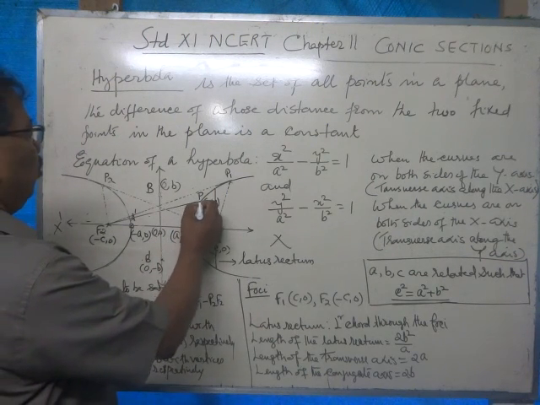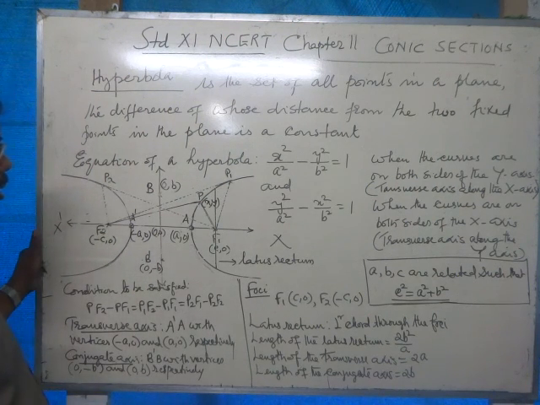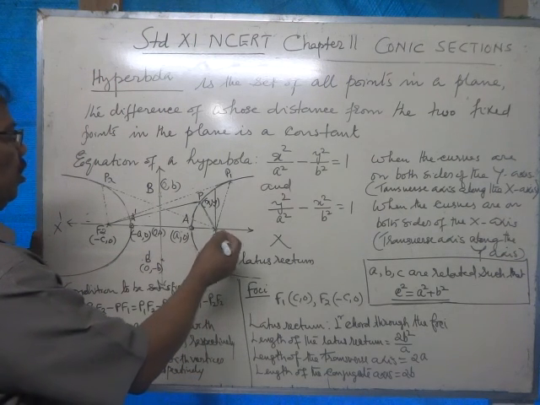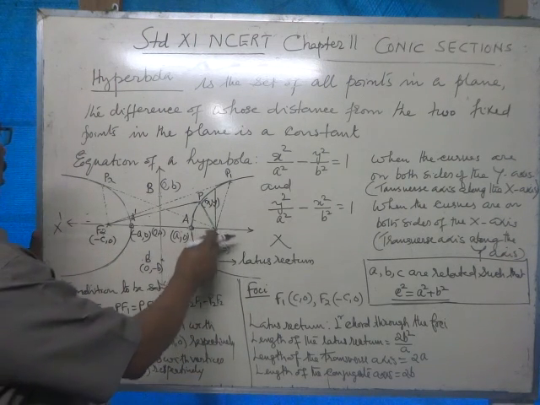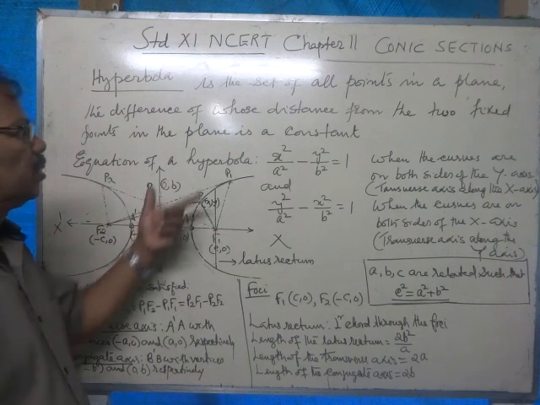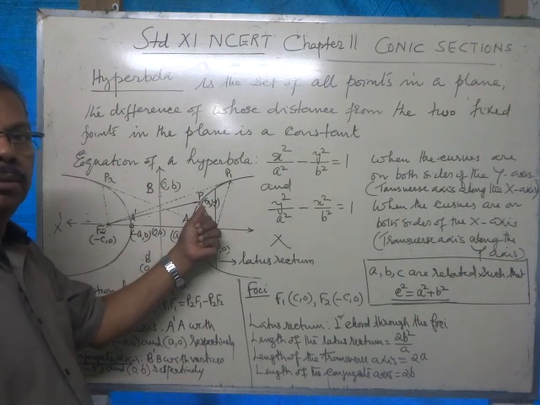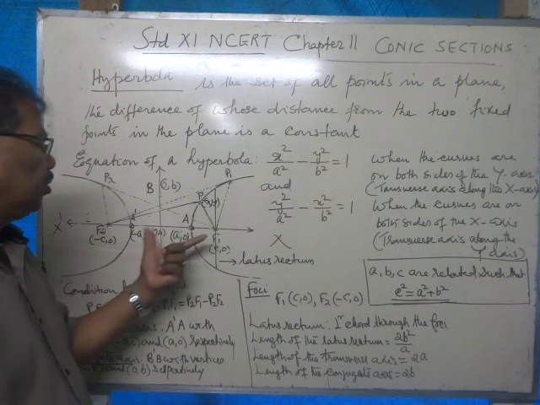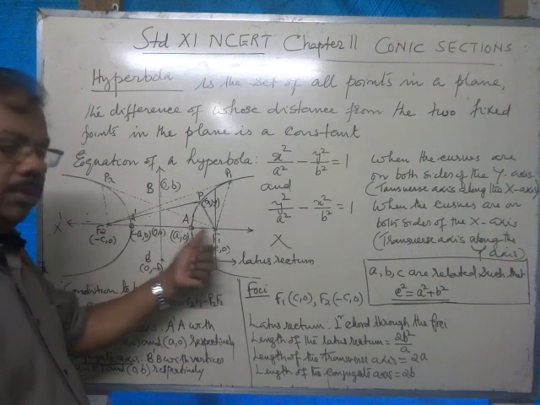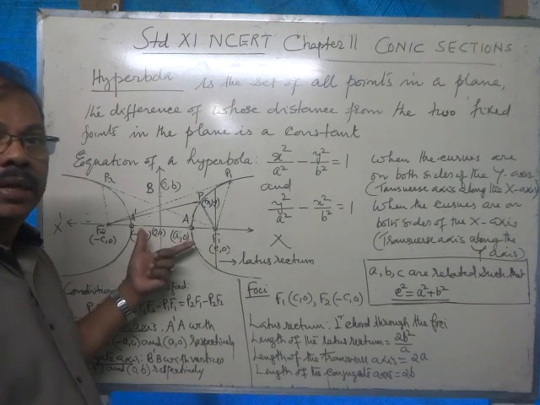Let us take a point P (x, y) and two fixed points, say F1 and F2, on the x-axis, as said in the definition. We have to get a point P and two fixed points. Let the two fixed points be F1 and F2 and let them be on the x-axis.